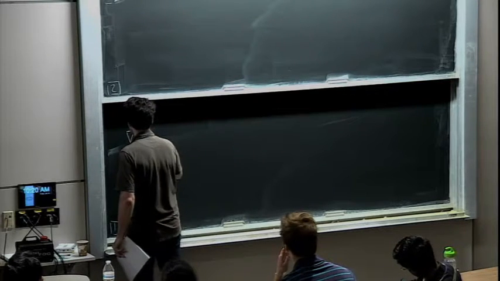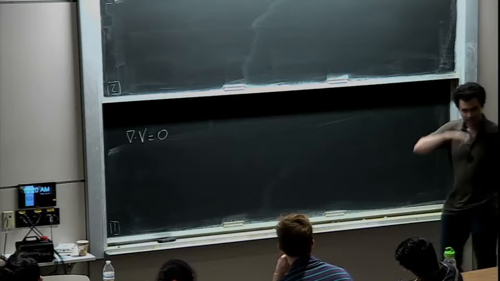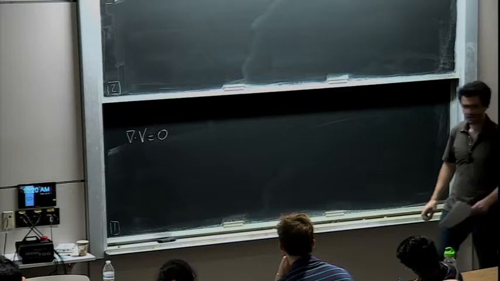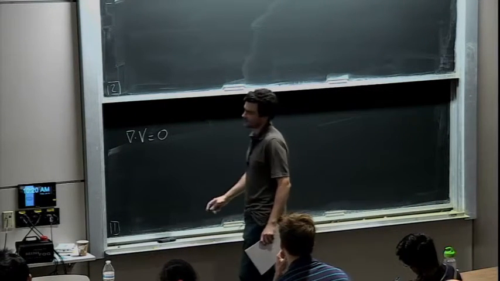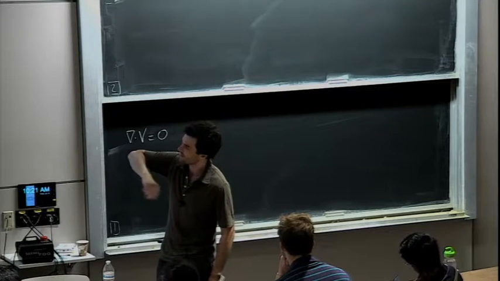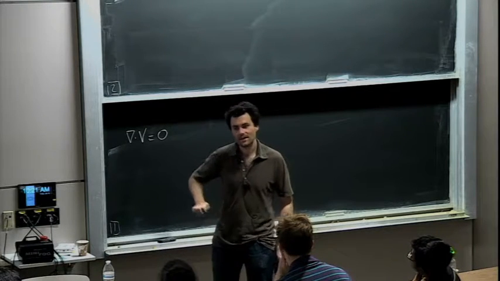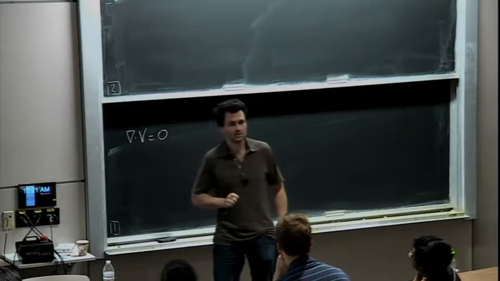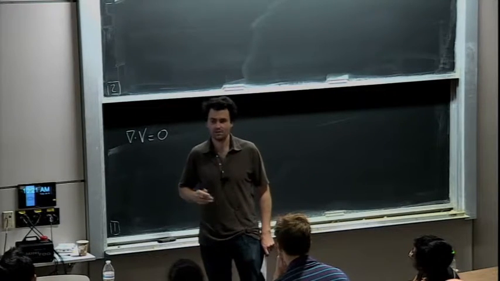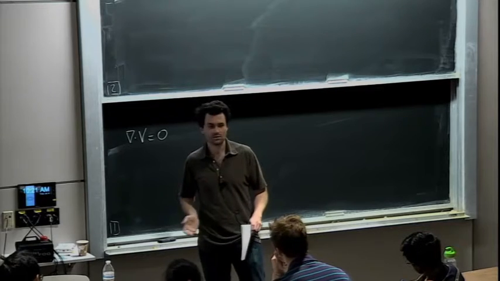So div v is equal to 0. We're going to assume that our fluid is incompressible and that it is simply viscous. The other assumption we're going to make is that we're not going to worry about the thermodynamics of the fluid. We're not going to worry about heat generation by friction inside the fluid, or about temperature variations in the fluid.